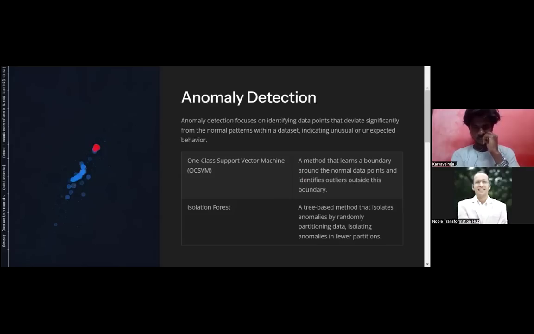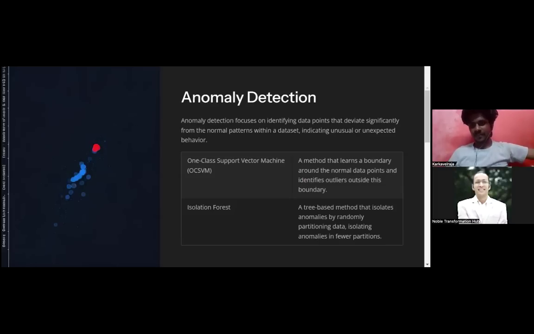Suppose for the last one year, HDFC stock has been performing at 10%, and suddenly there is a jump of 20%. That's not normal. That is an anomaly. There's some kind of abnormality.